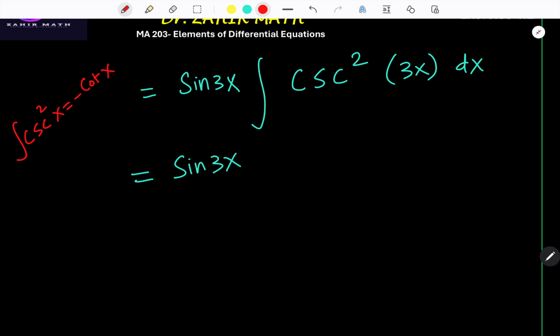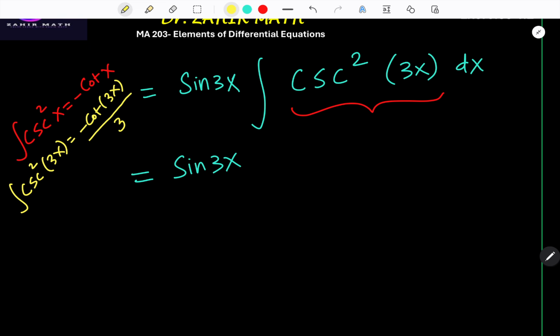Now our situation is the integral of cosecant square 3x, which is negative cot 3x. For the integration we divide by 3, so this equals negative cot 3x divided by 3.